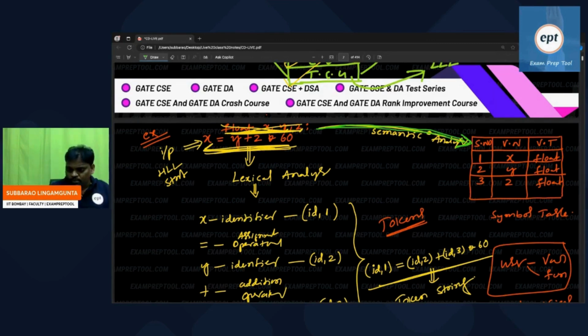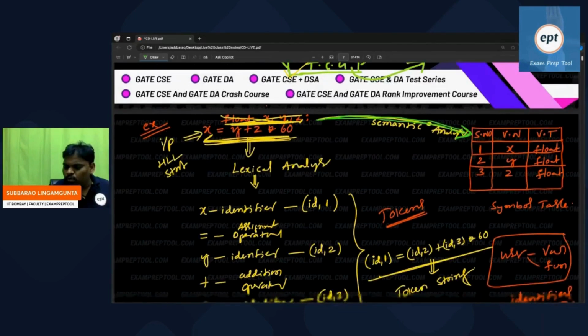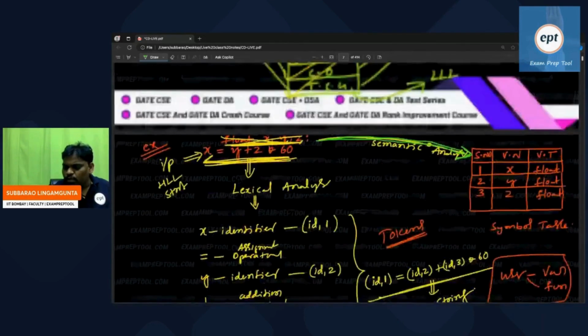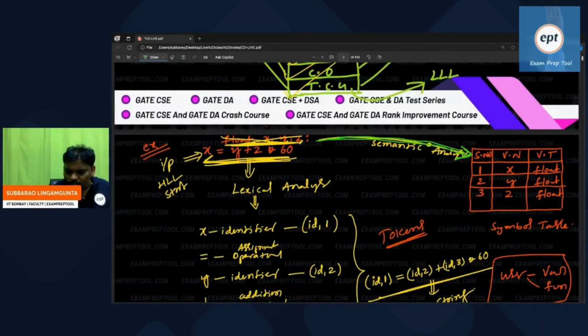Now listen once, one small story. Whenever there is a declaration, the semantic analyzer will come into the picture. He will store inside the symbol table, because the declaration only says what type who. Be careful.